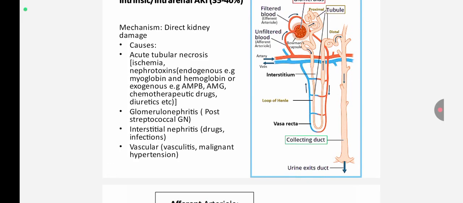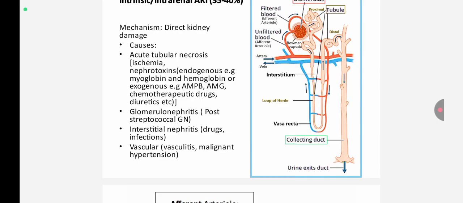The other one is glomerulonephritis. The most common example is post-streptococcal glomerulonephritis, caused by an infection with streptococcus. The last one is interstitial nephritis, a hypersensitivity reaction. The classical signs of interstitial nephritis are rash, fever, and eosinophilia.